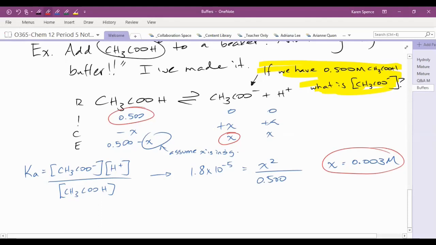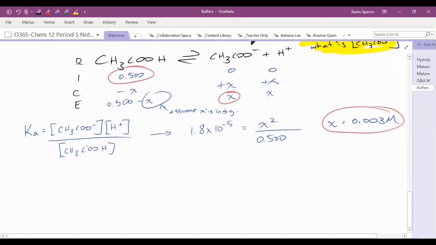So once again, I'm going to write that equilibrium: CH3COOH in equilibrium with CH3COO minus plus H plus.